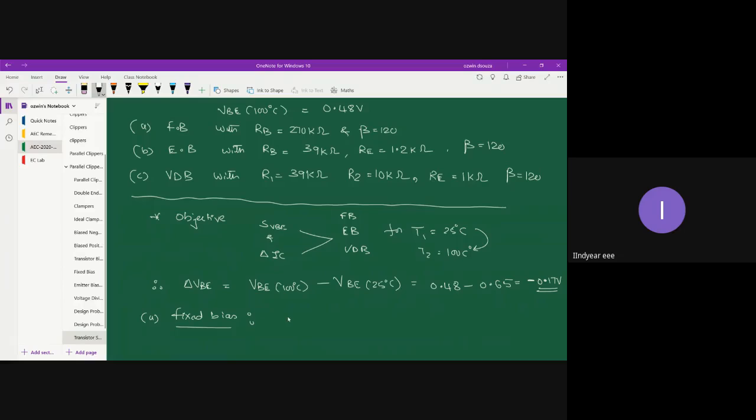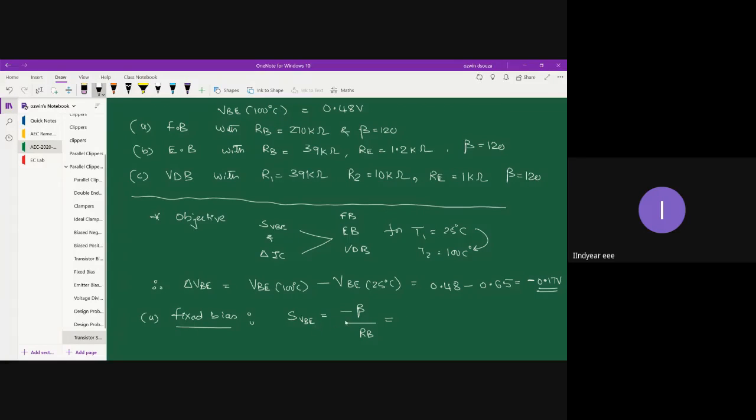Fixed bias circuit. In case of fixed bias circuit, we have found that SVB is equal to minus beta divided by RB. You have to solve it and find it. We have done it for voltage divider bias, so similarly, you could do it for fixed bias circuit.